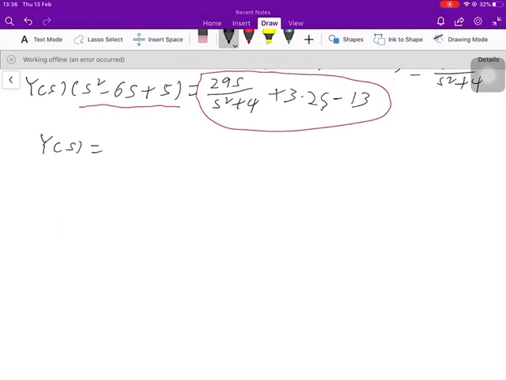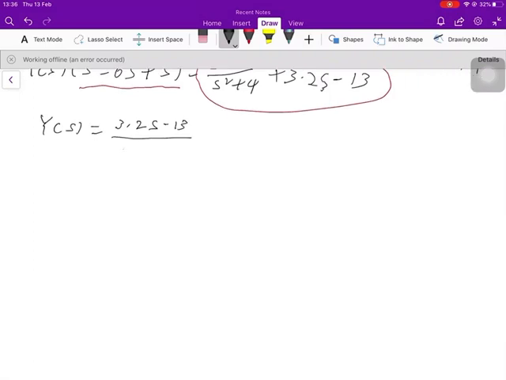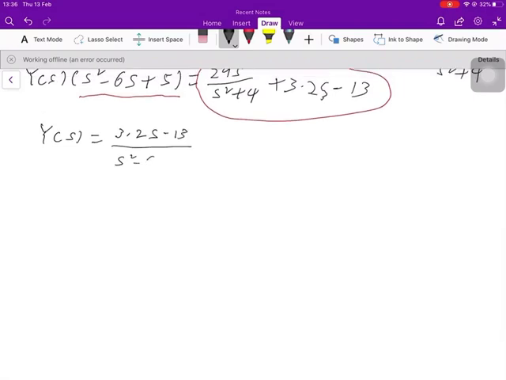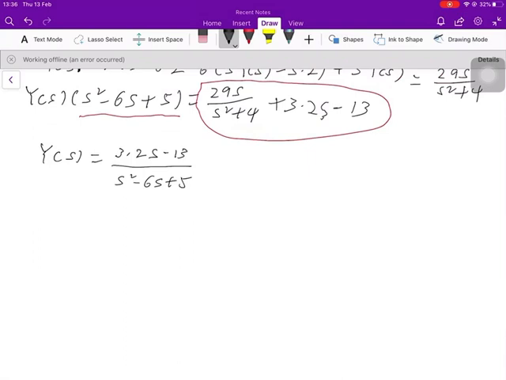We have 3.2s minus 13, divided by s squared minus 6s plus 5. And then we have 29s, divided by s squared plus 4 times s squared minus 6s plus 5.